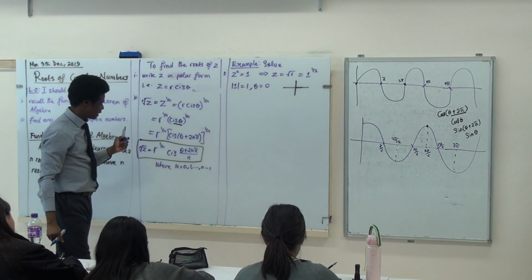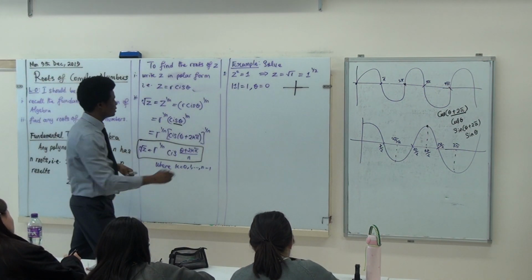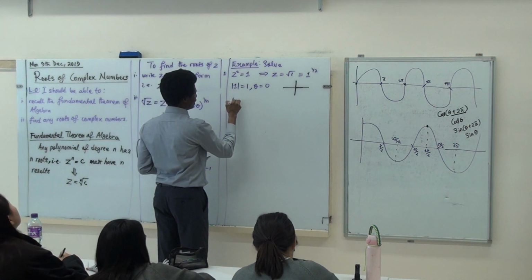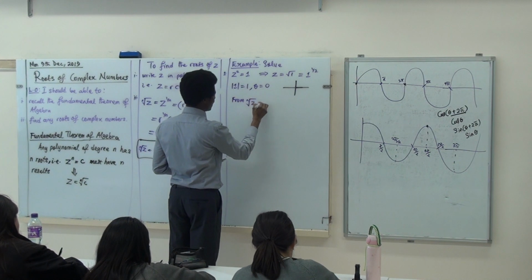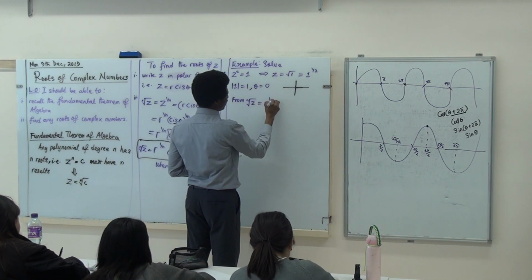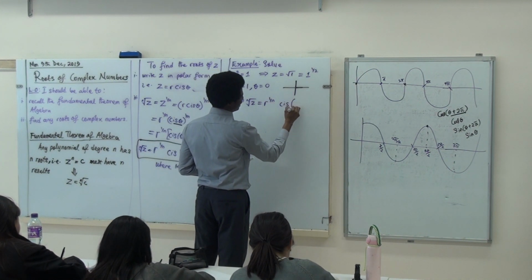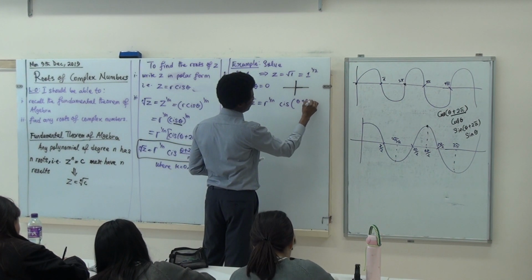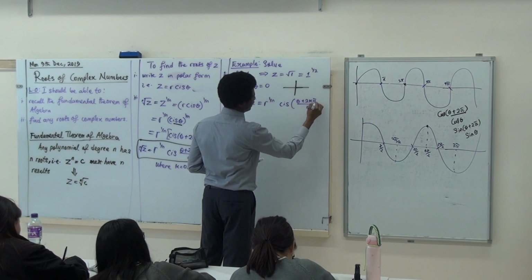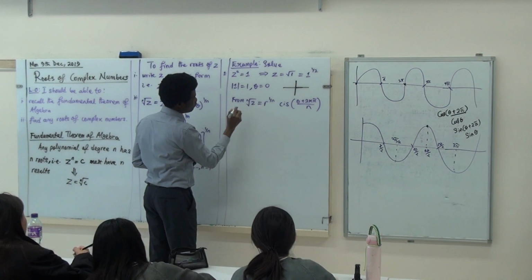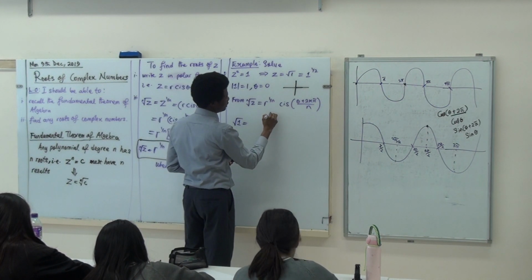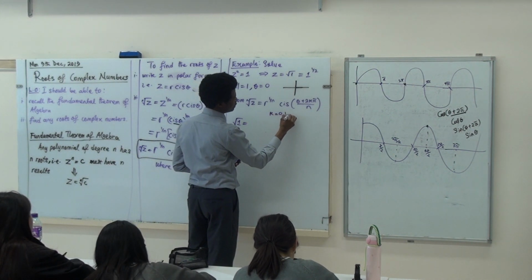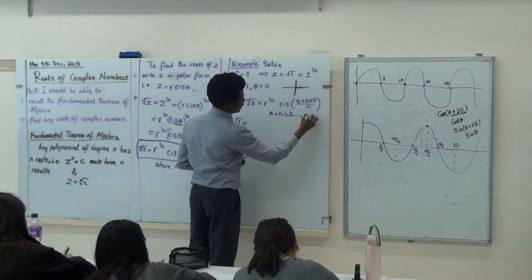Okay? So which means by this root of complex number, the nth root of z is equal to r to power 1 over n CIS of theta plus 2k pi divided by n. In this case I have 1, so the square root of 1 is actually, of course remember, your k will be from 0, 1, 2, up to n minus 1.